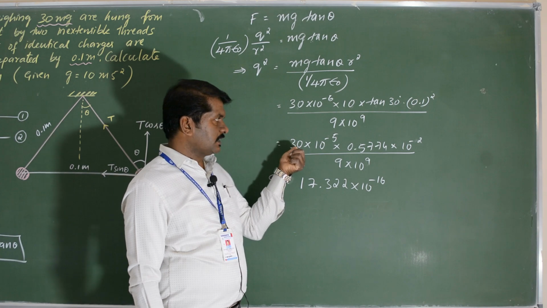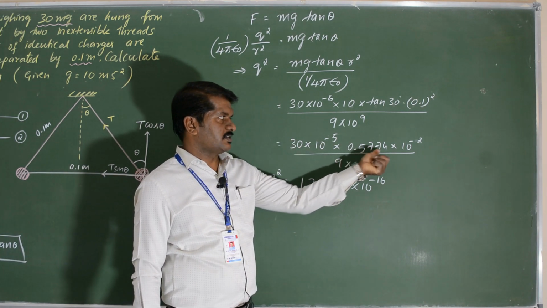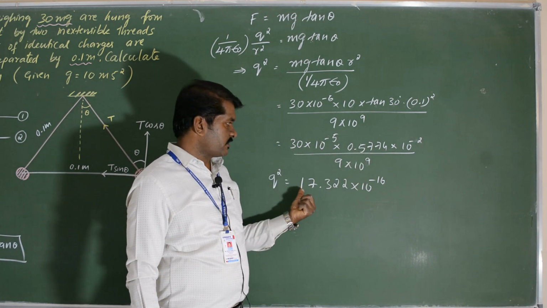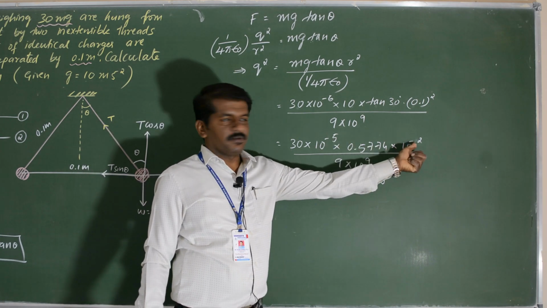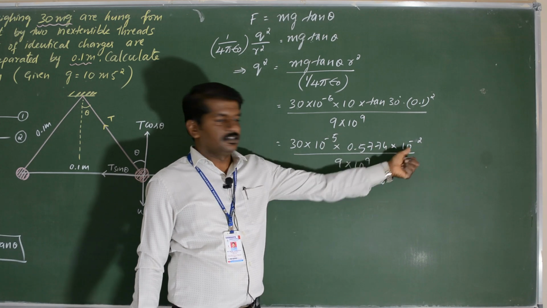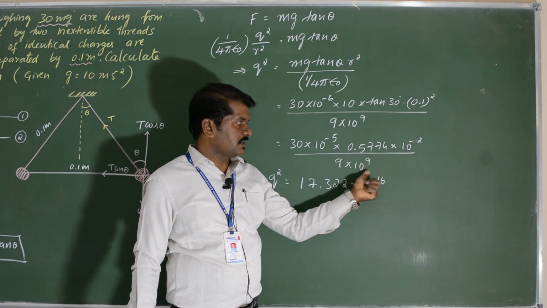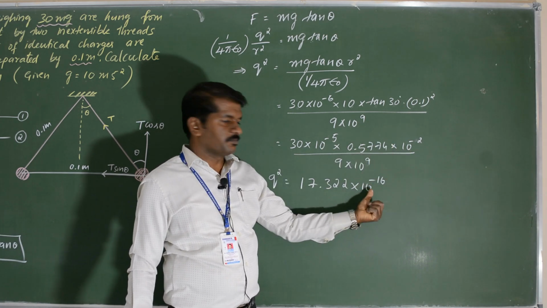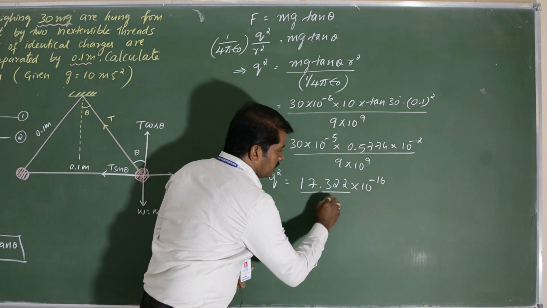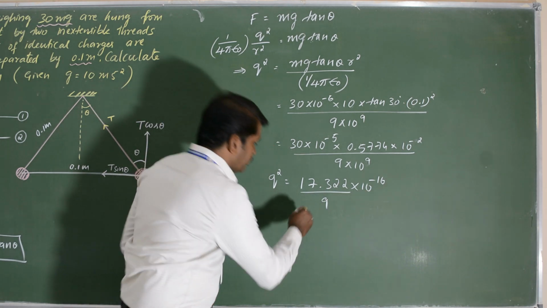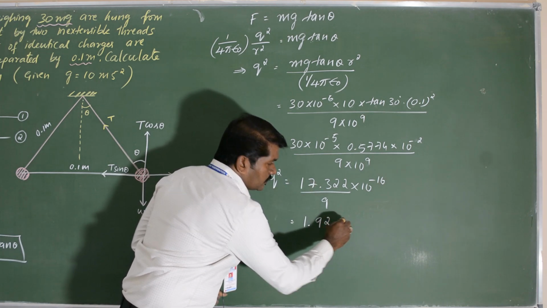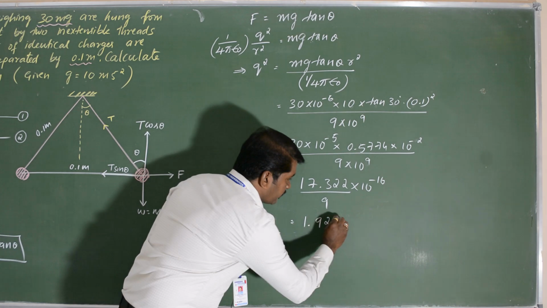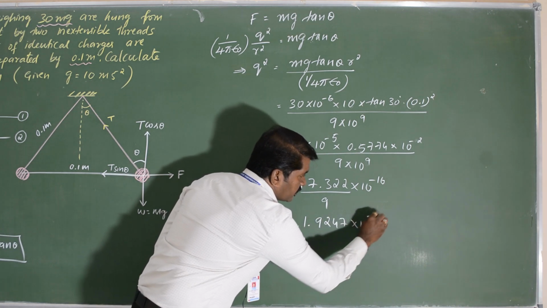If you multiply 30 into 0.5774, that becomes 17.322, and 10 power minus 5 times 10 power minus 2 is 10 power minus 7. If you take the 10 power minus 9 to the numerator, that becomes 10 power minus 16 divided by 9. If I calculate this, it becomes 1.9247 into 10 power minus 16.